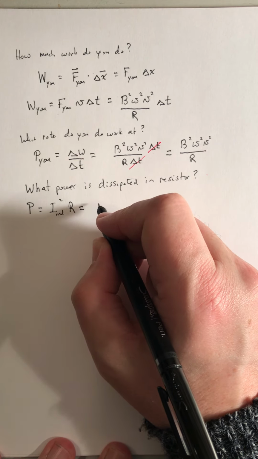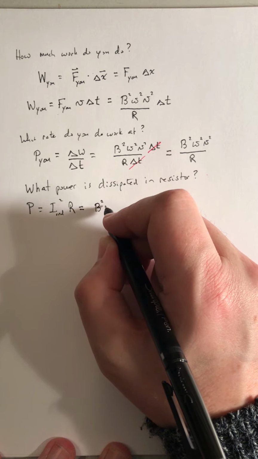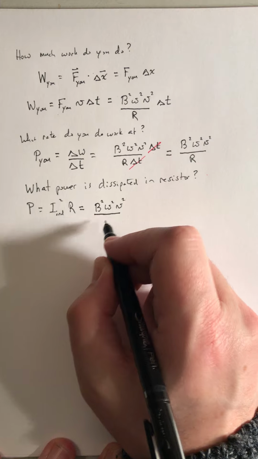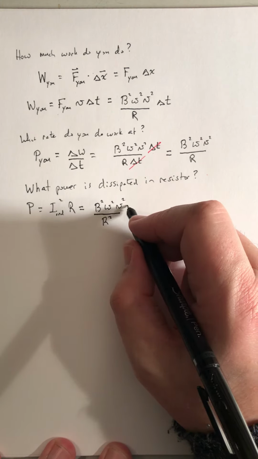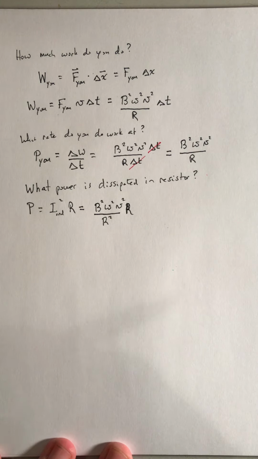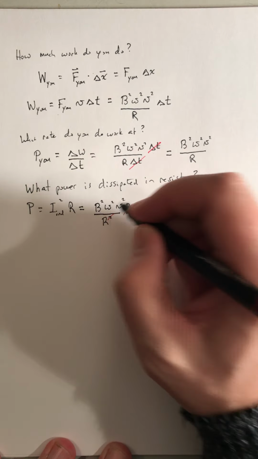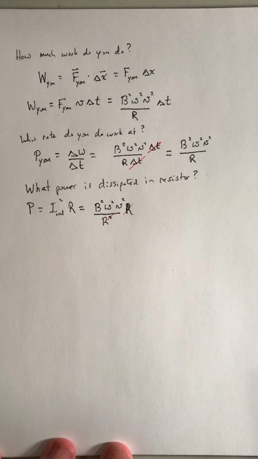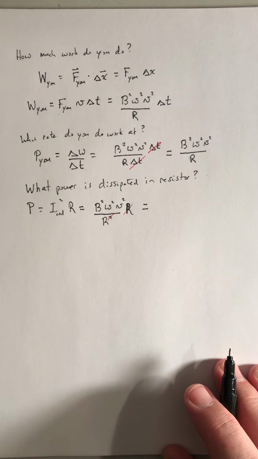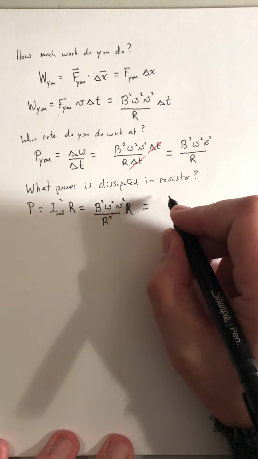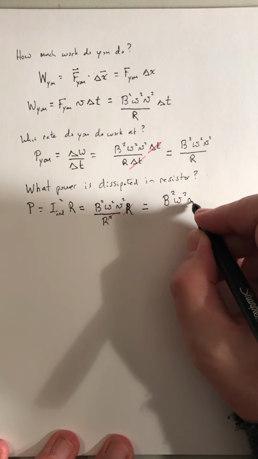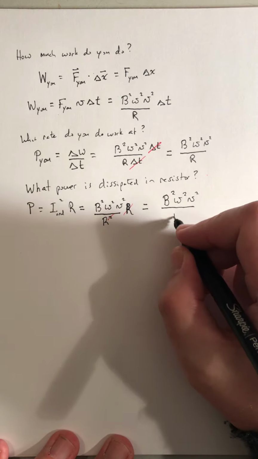We square that, we're going to have B squared W squared V squared over R squared times R. So we cancel out one power of the resistance, and energy is going to be consumed as heat in the resistor at a rate B squared W squared V squared over R.